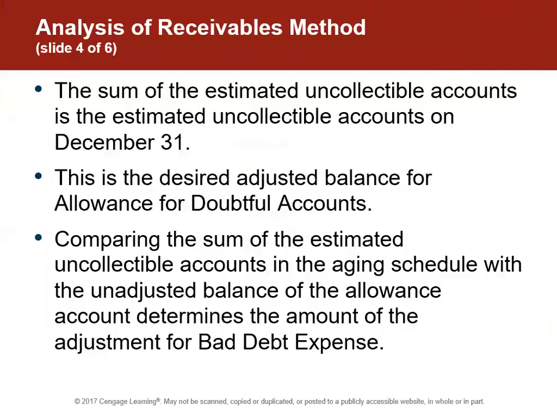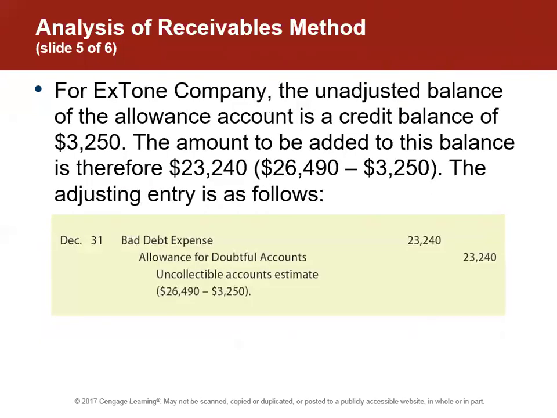So what we have to look at is how much is already in allowance for doubtful accounts. Allowance for doubtful accounts can have an ending credit or debit balance before we do our ending adjusting entry. In this case, the allowance for doubtful accounts had a credit balance of $3,250.